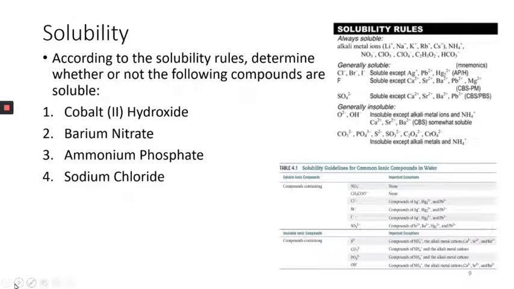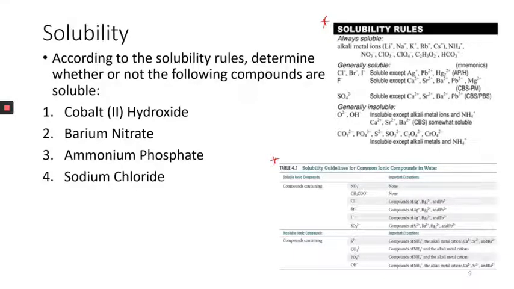So when you're given a compound and you're asked, is it soluble in water or not, you could refer to the table in your book, which is right here, or there are many tables you can find out on the web, which is where I found this one here. Or I posted a solubility rules chart for you on Schoology. The first example here is cobalt 2 hydroxide.